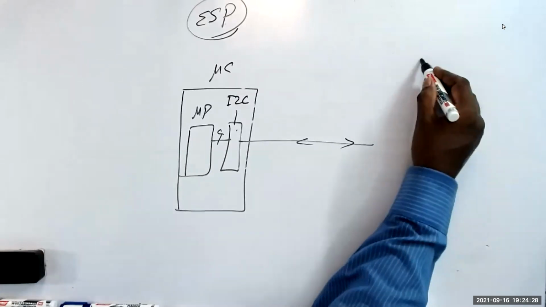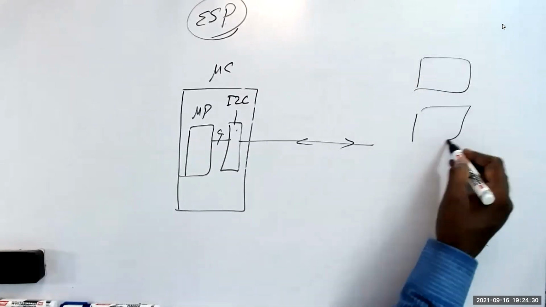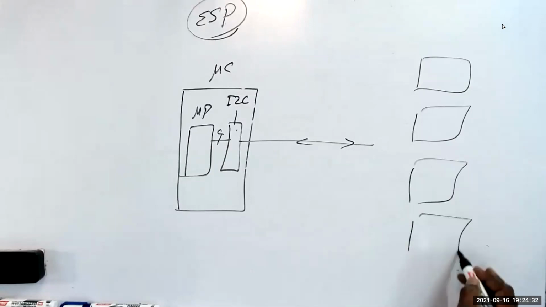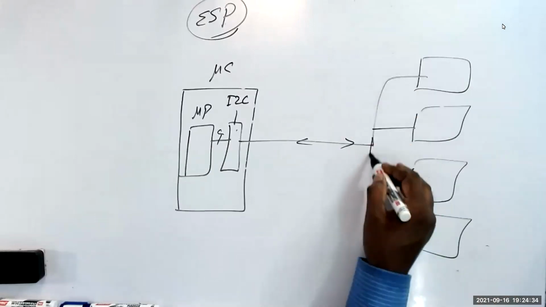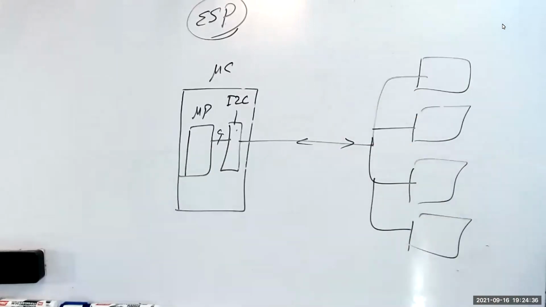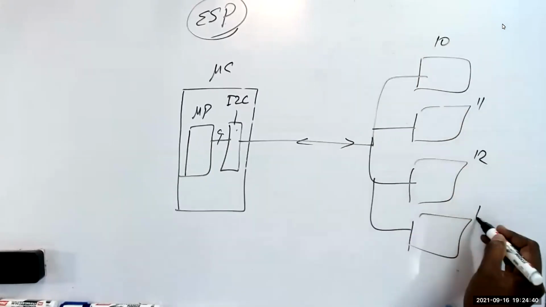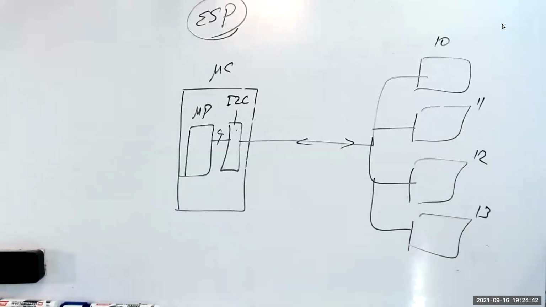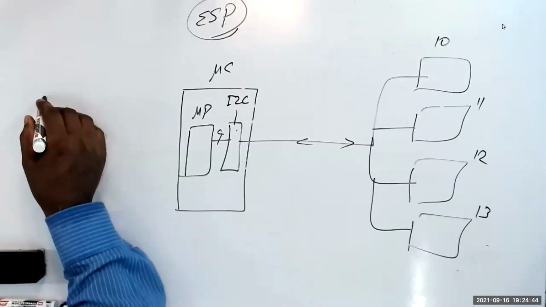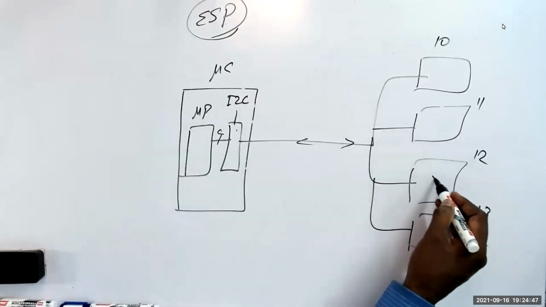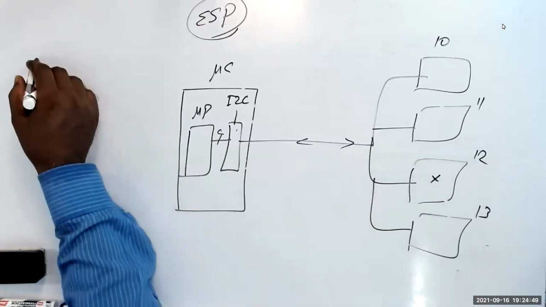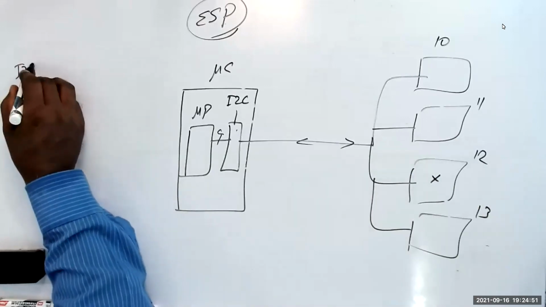Now, let us assume I have 4 devices which are connected on the I2C. 4 devices. This is 10, 11, 12, 13. Okay. Now I want to write something to this guy, 12.